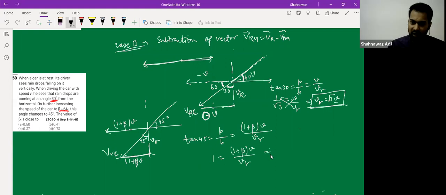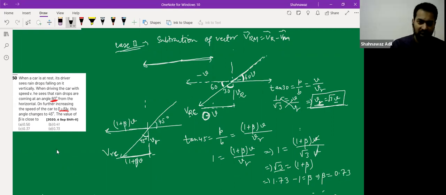We know VR is root 3 V, so 1 equals 1 plus beta V by root 3 V. V cancels, so root 3 equals 1 plus beta. Root 3 is 1.732, minus 1 is beta. So beta is 0.73.